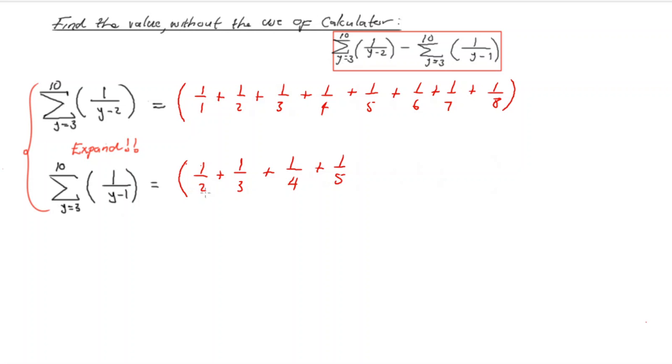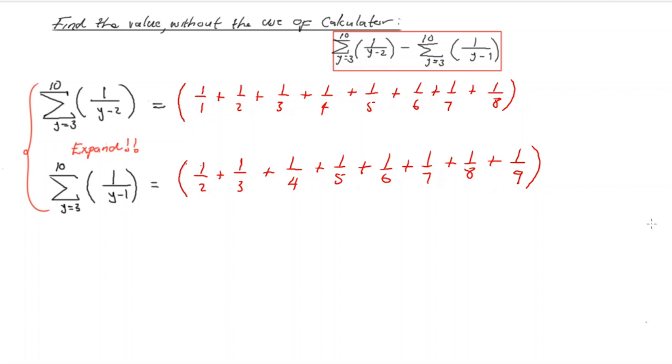So let's count in ones, 2, 3, 4, 5, and then we get a 6, 7, keeping in mind that the upper limit is actually 10. Starting from 3, 4, 5, so this is term number 3, 4, 5, 6, 7, 8, 9, 10.